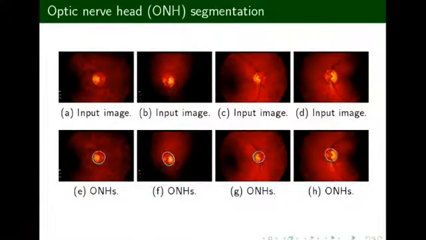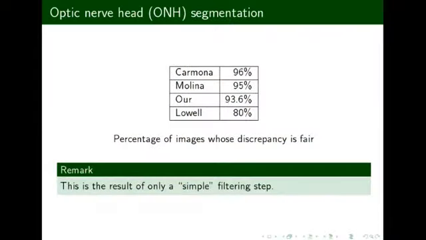Here are some more examples. The discs are good here, but the method is not always good. Here are the results of the evaluation. You can see that we are better than some of the methods, but lower than the 2 best methods existing on the market. But once again, this is a simple filtering step, and I think the result can be enhanced by using more processing steps.